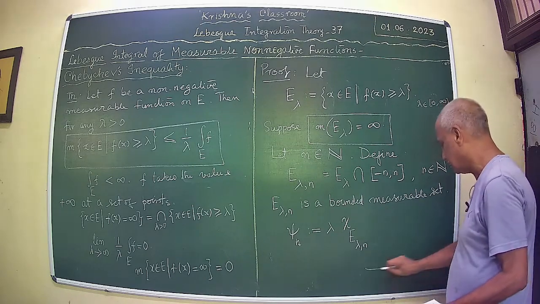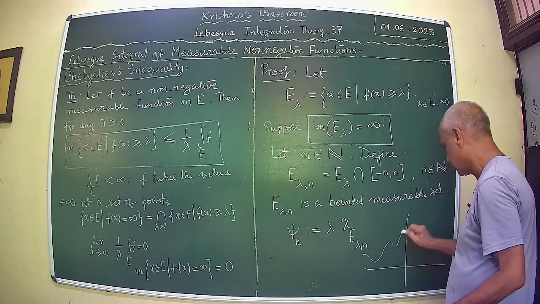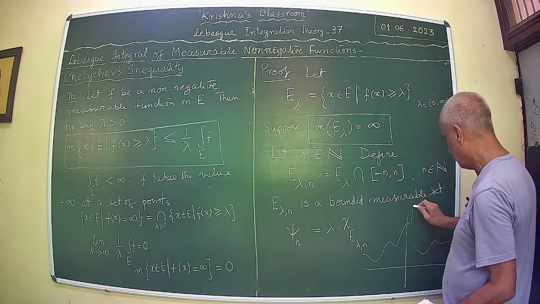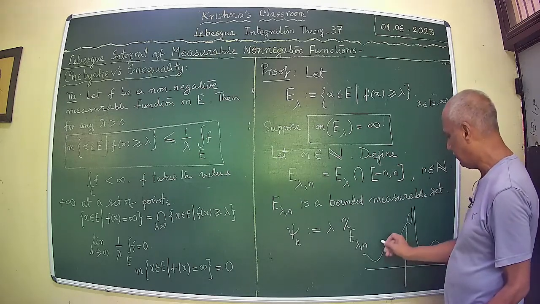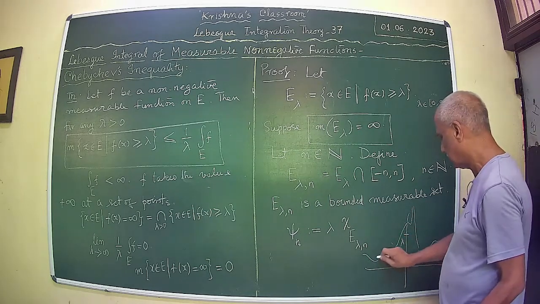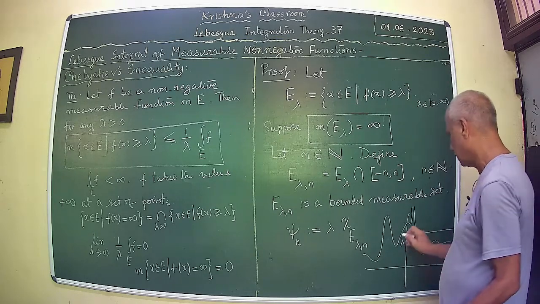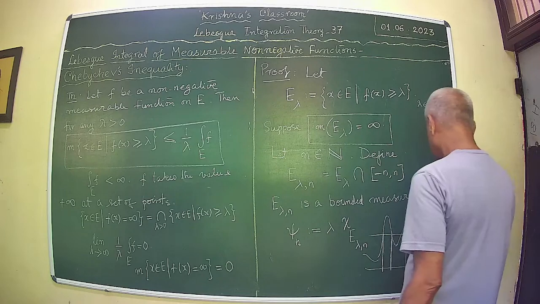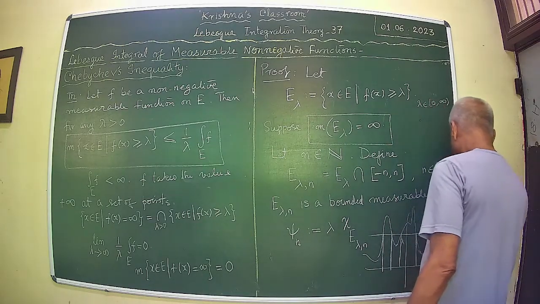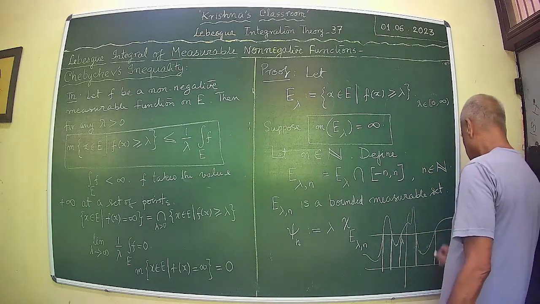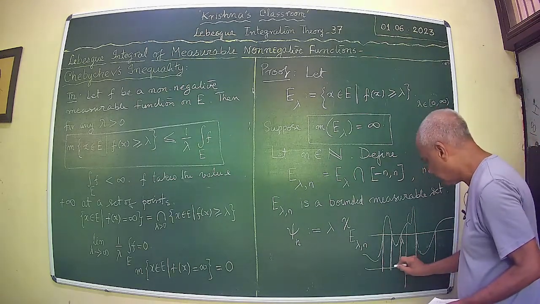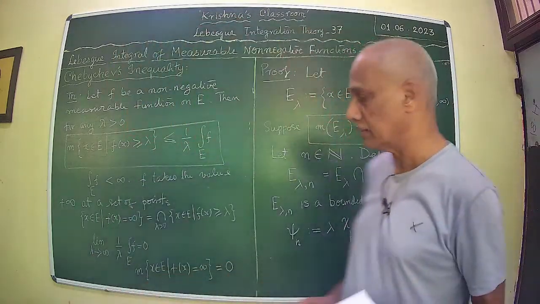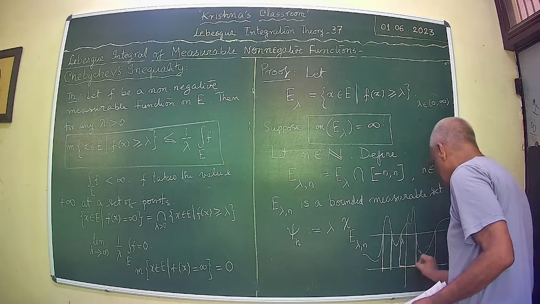The scenario is something like this. Let's take some infinite values also. This is the lambda that you choose, and this is E lambda. Suppose the function is like this, then this part is also in E lambda. So whatever I mark with this yellow is your E lambda.